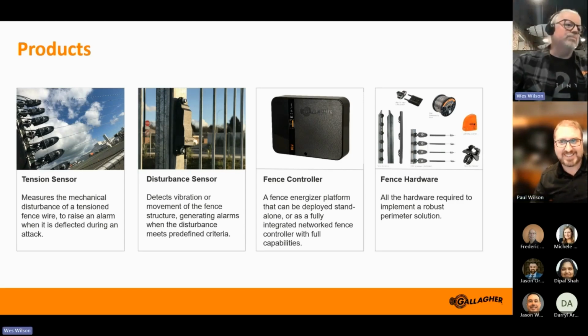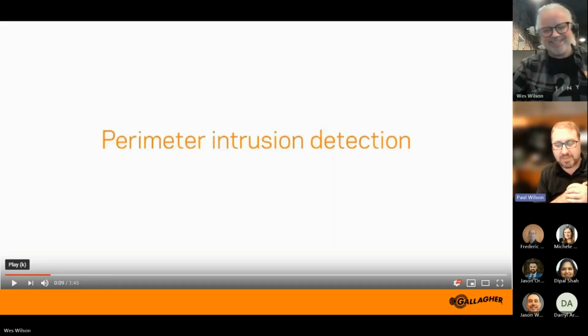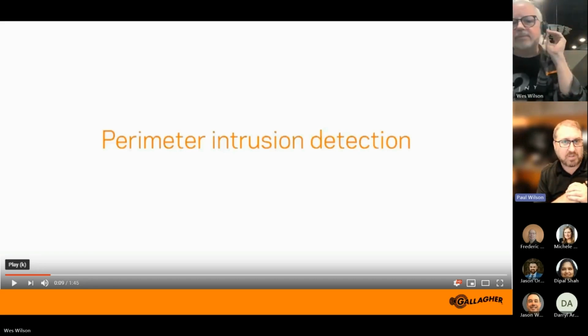Okay. But I guess now I will show you a little perimeter fence video that we've put together so that you can see how this works. One of the things that the Z10 tension sensor is there for is to augment your existing perimeter security.